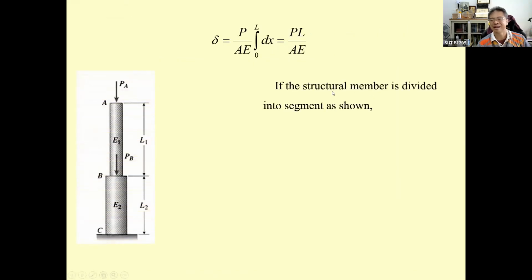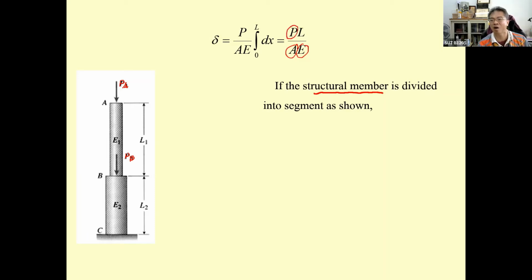And then in a typical case, as the example of the column that I just showed you, that is two stories. The forces acting on a simple house can be P sub A, that is from the roof, and P sub B, that is from the second floor. Most of the time, the structural member has constant section, AB, BC, uses constant material, and is subjected to only axial force.